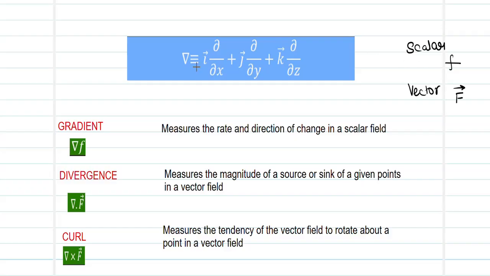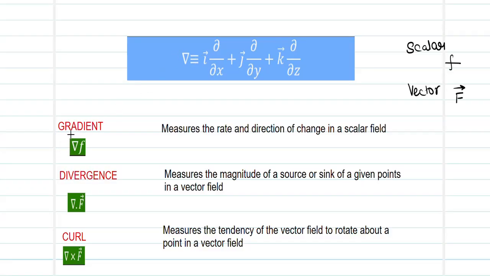So this del can take an input of either a scalar or a vector and then produce an output. The output which we get can be of three types. What are the three types which this del can be used to produce?